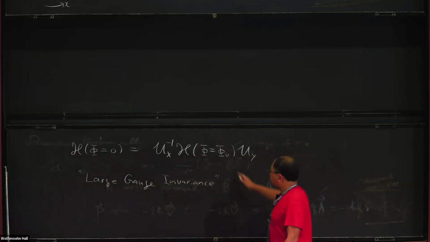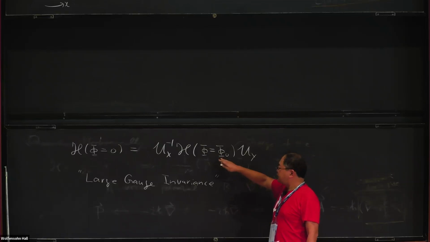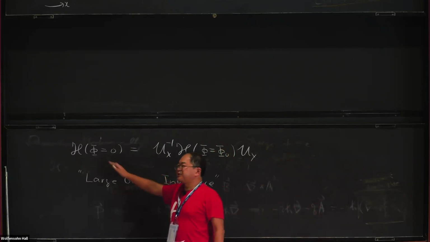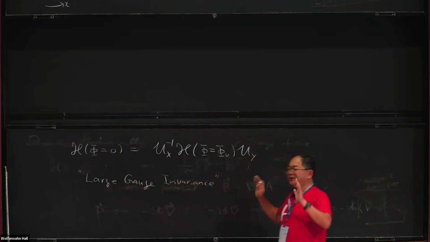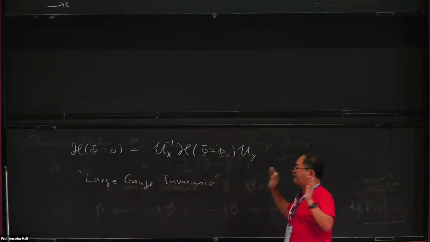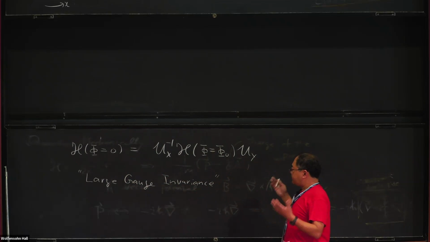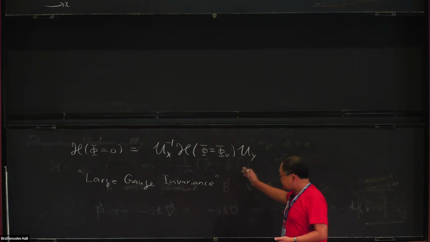Because as I said, the system with unit flux quantum and the system with zero flux are equivalent, because if you are living on this two-dimensional system, you can never detect the flux inside. And this equivalence is mathematically represented by this relation.